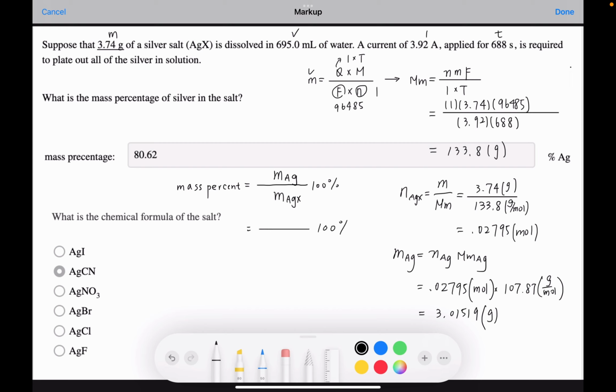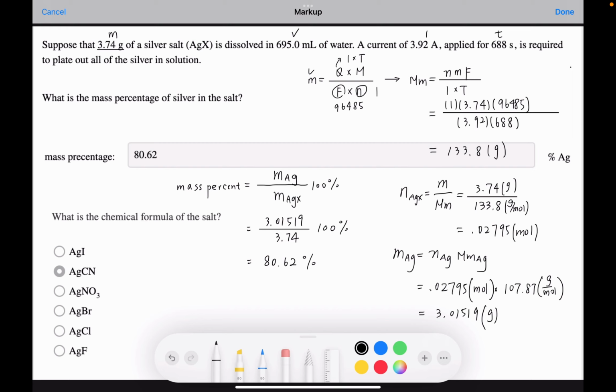So we got 3.01519 divided by 3.74, and we will end up with 80.62%. And this is the answer for the first one.